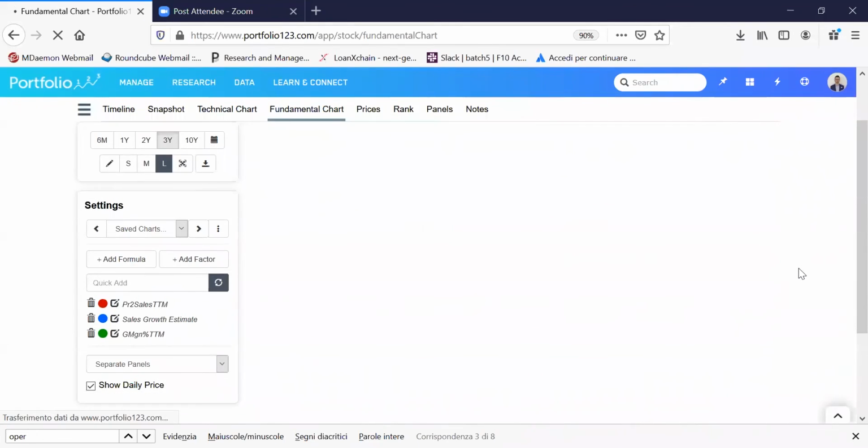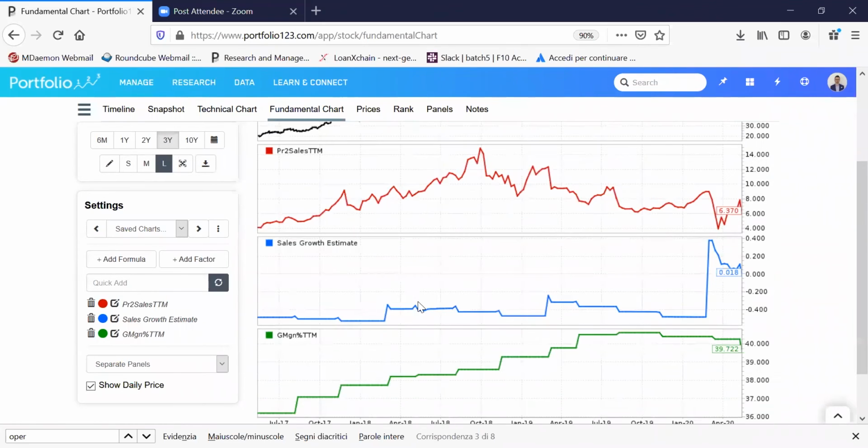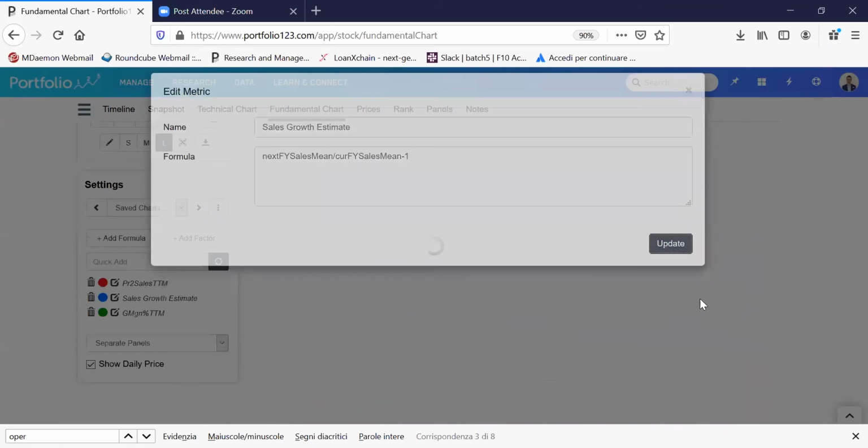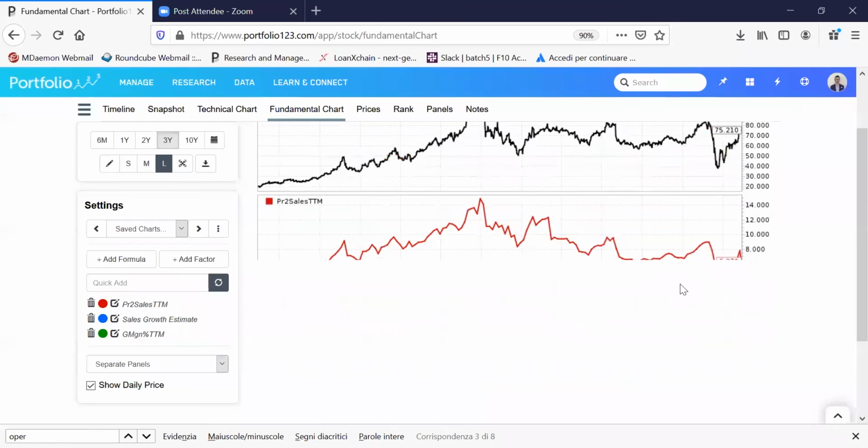If we look at Square, we could take a slightly different approach. Right.